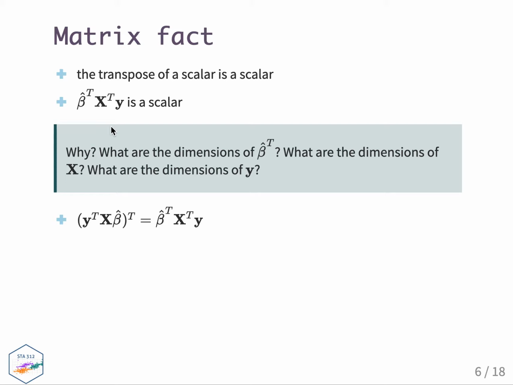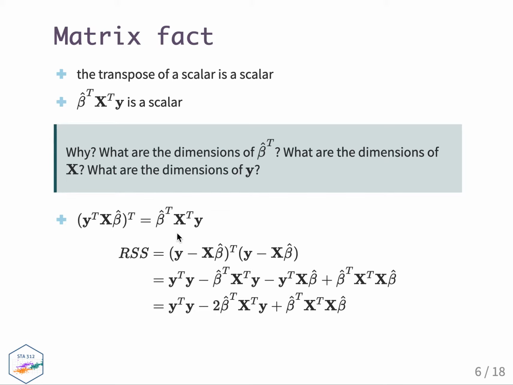And so what that means is that y transpose x times beta hat, if we transpose this whole thing, we end up with beta transpose x transpose y. So these two are going to be equal because this is a scalar, and because scalars, if we transpose them, are equal to themselves. So what does that let us do? Well, that lets us combine these two terms here in the middle, which makes things a little bit easier.